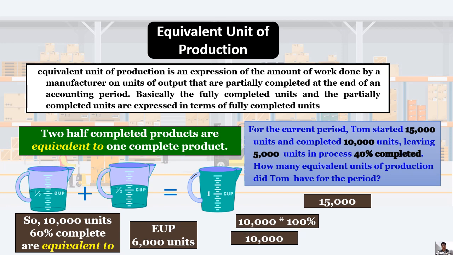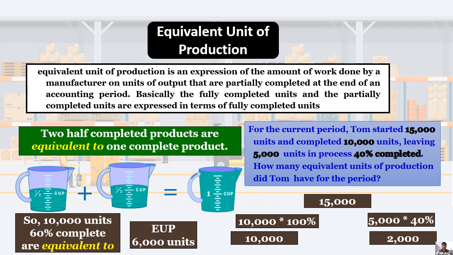On the second part, meron daw natirang 5,000 doon sa ating inventory. So yung 5,000 na daw na yon, 40% completed lang siya. So lumalabas, kung ang hahanapin natin na equivalent unit of production, simply multiply 5,000 times 40%. So ibig sabihin, equivalently, kapag pinagsama-sama natin yung 5,000 na yan, which is 40% completed, makakabuo tayo ng 2,000 na units.